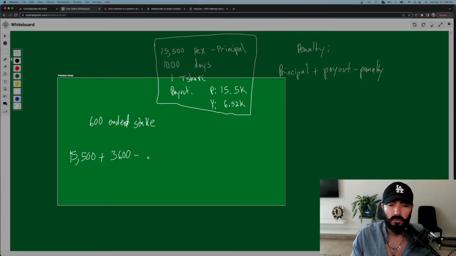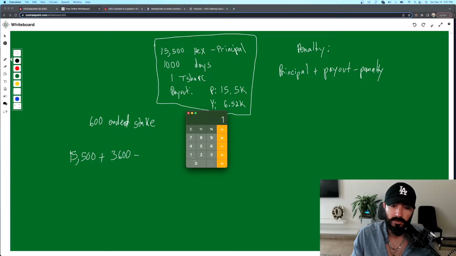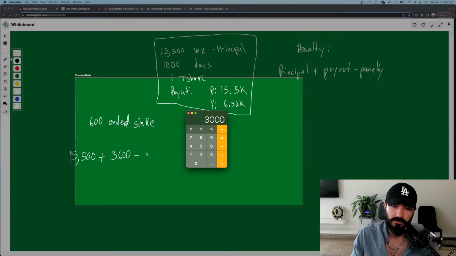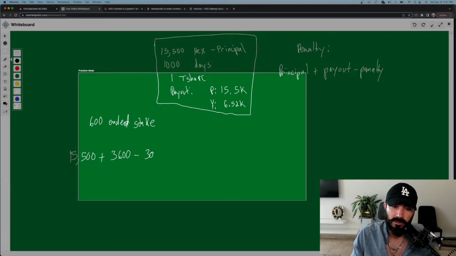The penalty would be half of your committed days, which is 500. Committed days is 1,000 divided by 2 equals 500. And then you're getting 6 HEX per day because you have 1 T-share, so 500 times 6 equals 3,000.